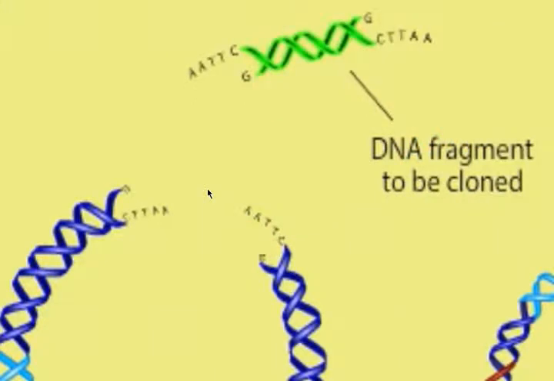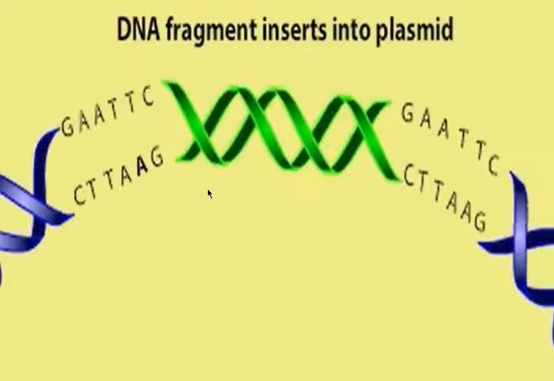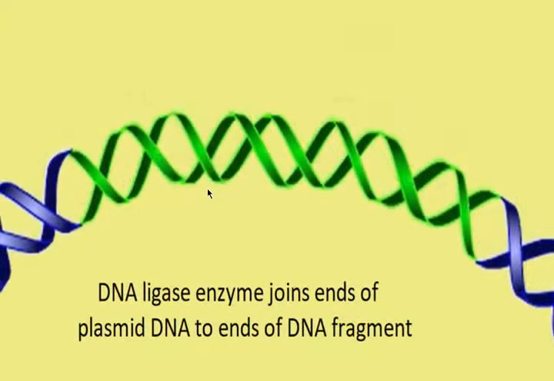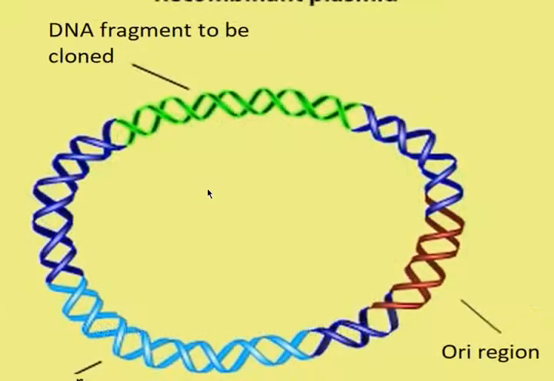So now this DNA fragment to be cloned comes and attaches at the sticky ends, and the sticky ends are joined together by the T4 DNA ligase enzyme, and that results in formation of a plasmid with the required or foreign gene.